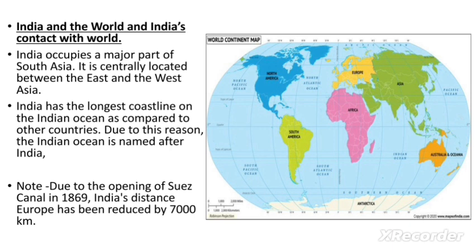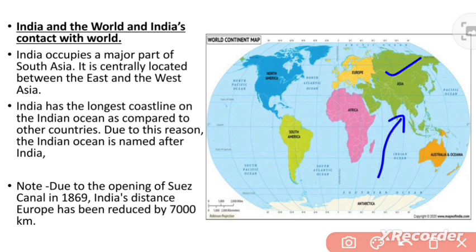So dear students, you can see that there are 7 continents in the world, okay. So can you identify where India is? That is India, you can see here. In which continent does India lie? India lies in Asia, okay. You can see that India lies in the central part of Asia, na? So it occupies a major part of South Asia, okay.